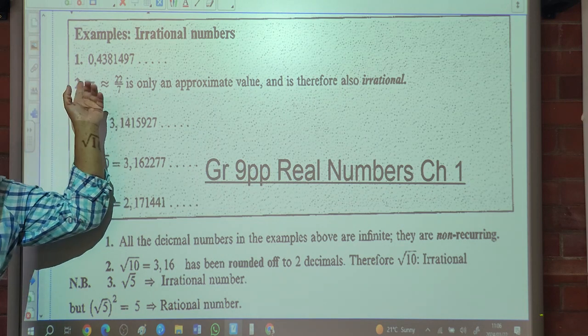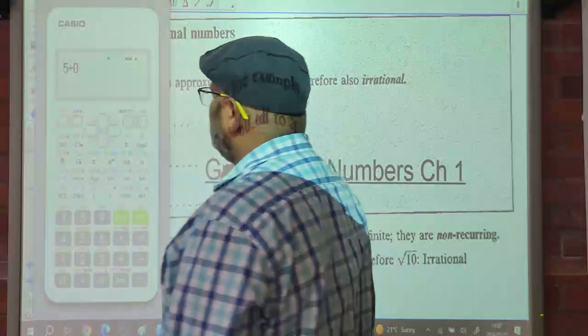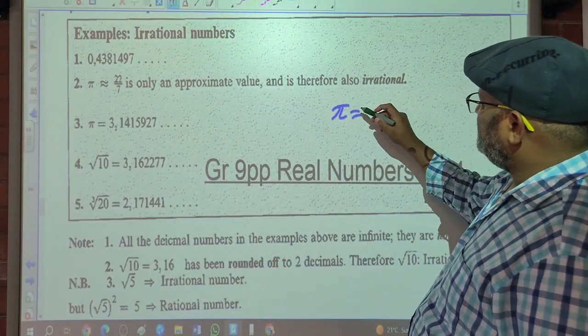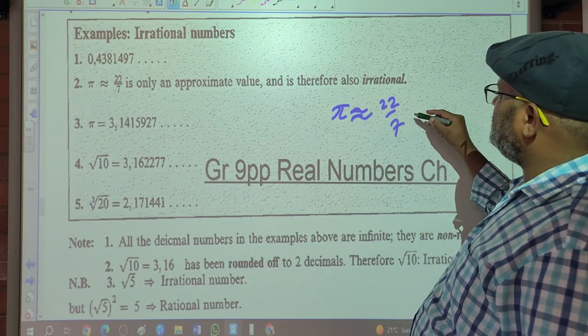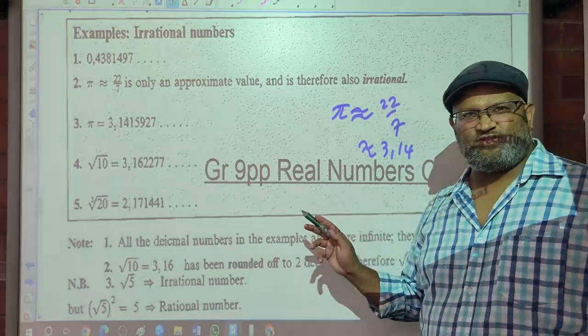Pi. Remember we spoke about pi last year when we did circles? And then we let pi equal 22 over 7. Not so? It's actually approximately 22 over 7, which could also be approximately 3,14. One of those.